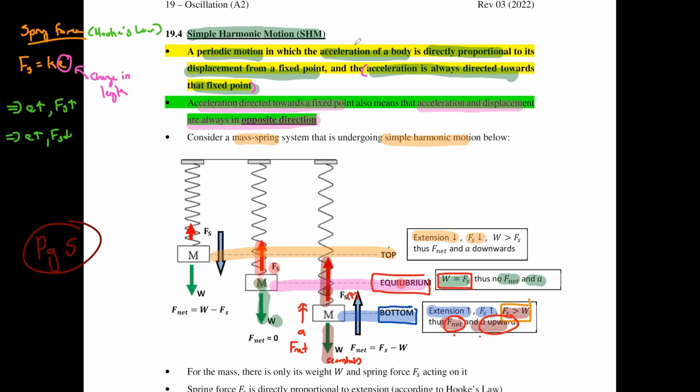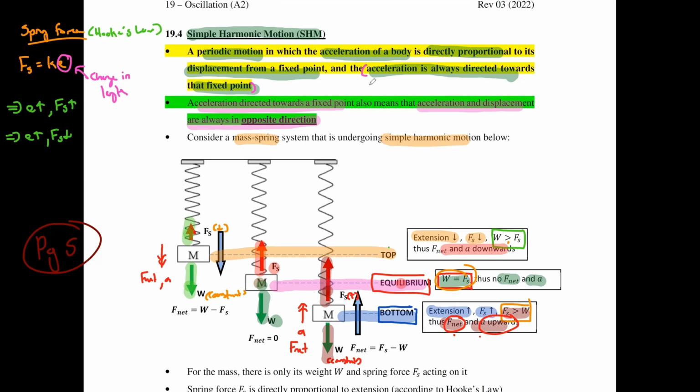Now in your case, if your spring force has decreased in value, but again the weight remains constant, if before this weight was equal to spring force, but now spring force has decreased at the top position, it will follow that weight is now more than your spring force. So your weight is directed downwards, but your spring force is directed upwards. So weight being more than spring force would mean that your net force is going to be downwards, and so would your acceleration. Okay, so thus your F net and your acceleration is downwards.